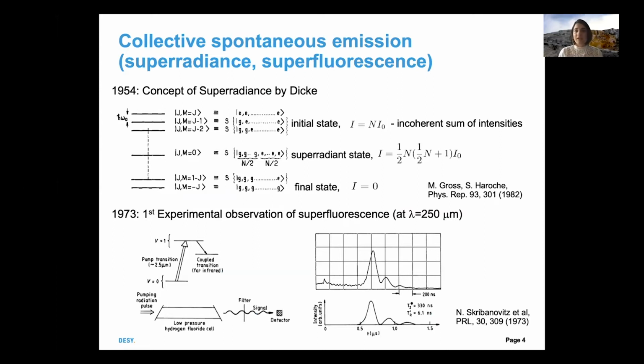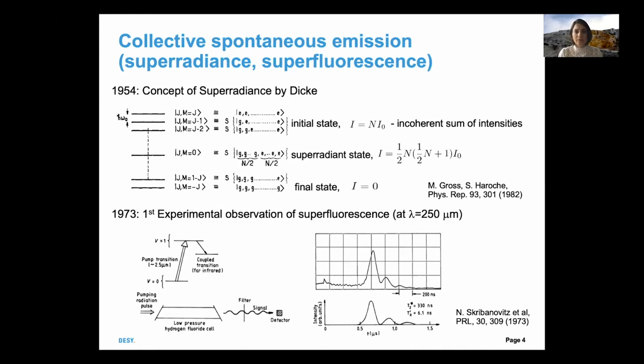And since these atoms are indistinguishable, the state following the decay is a highly symmetric state. That's a coherent superposition of states that can be characterized by N-1 atoms in the excited level and one atom that is in the ground state.